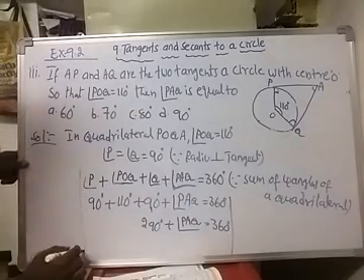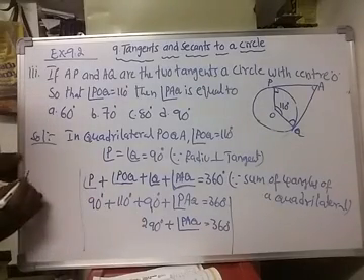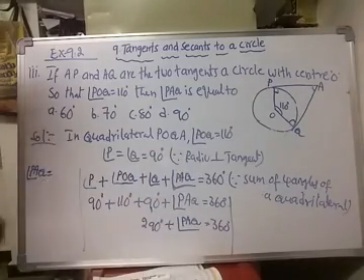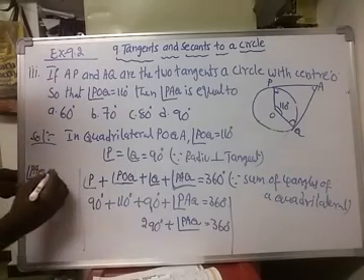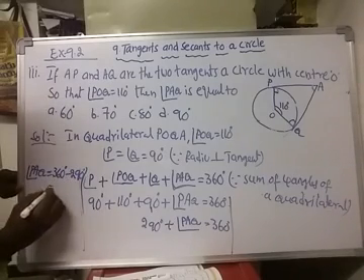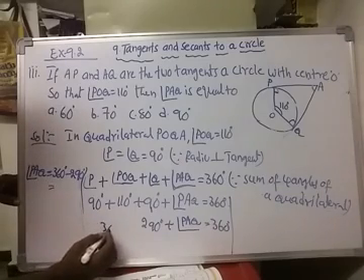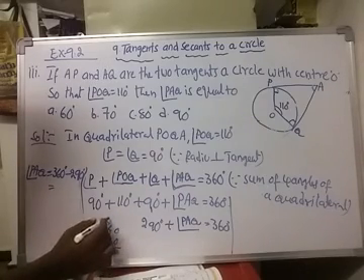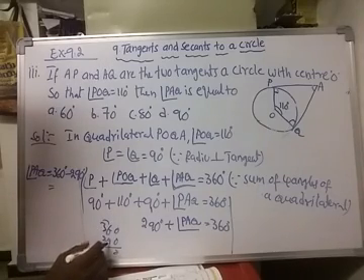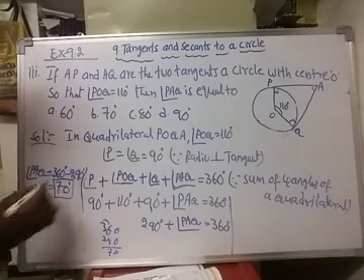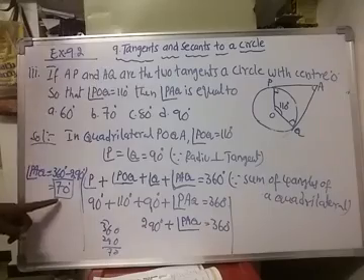Now angle PAQ is equal to 360 degrees minus 290 degrees, sending 290 to the right-hand side as minus 290. 360 minus 290 is 70 degrees. So angle PAQ is equal to 70 degrees.